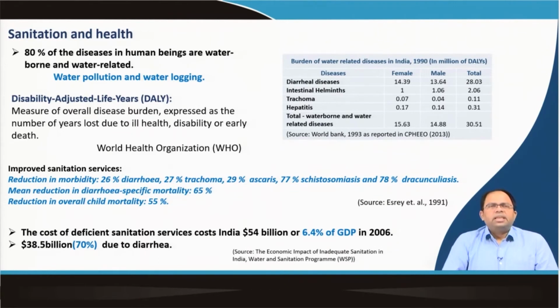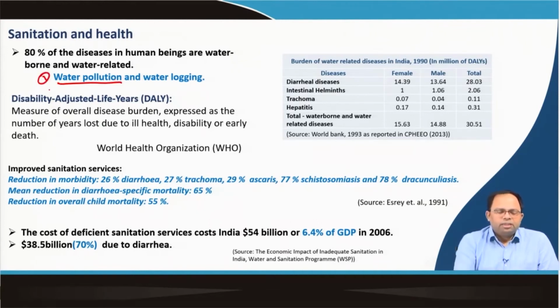We see that 80% of the diseases in human beings are waterborne and water related, and primarily this is because of two things. One is water pollution and the second is water logging. So, both need to be prevented. We need to prevent water pollution, we also need to prevent water logging.